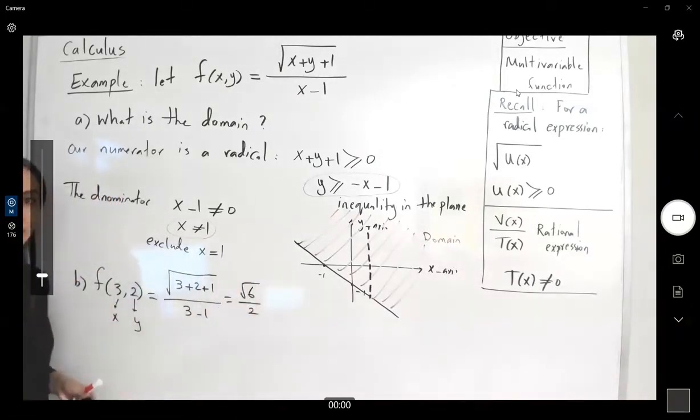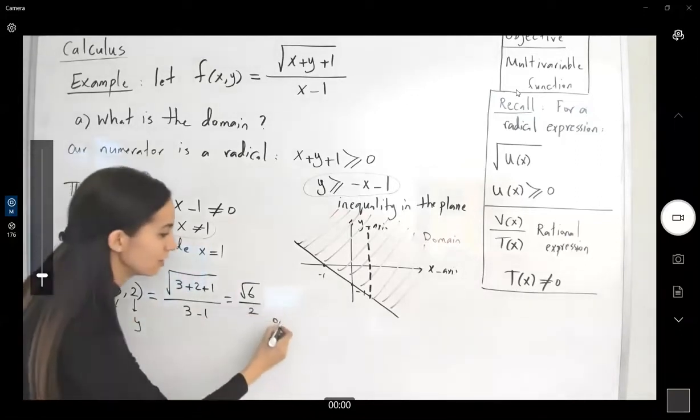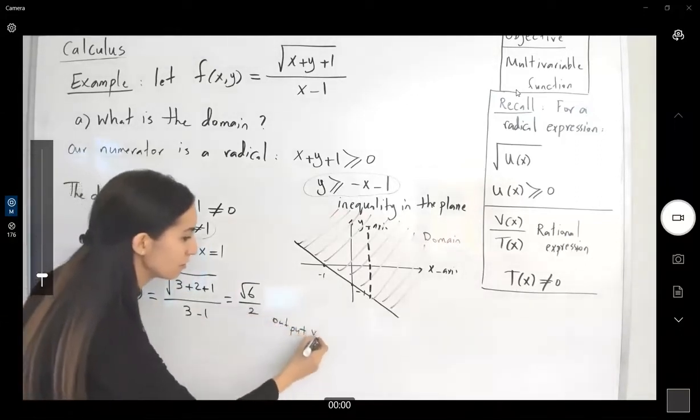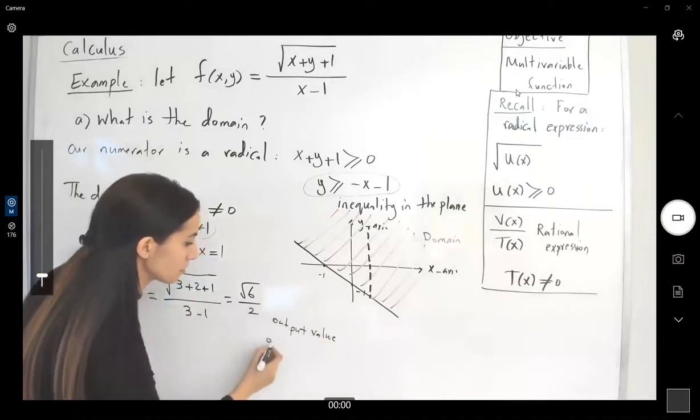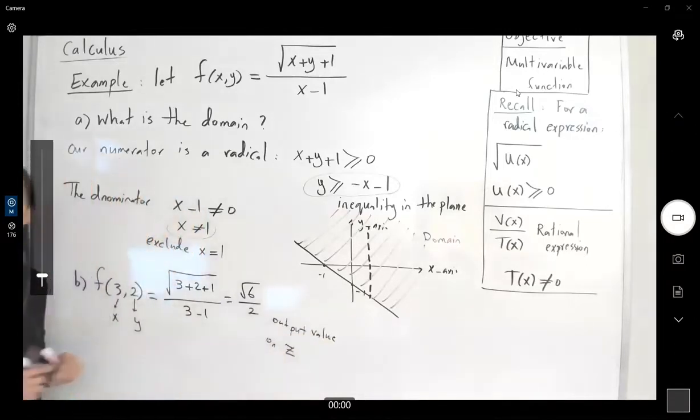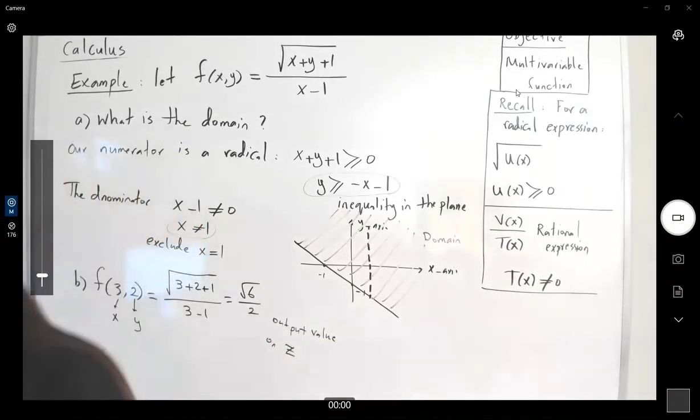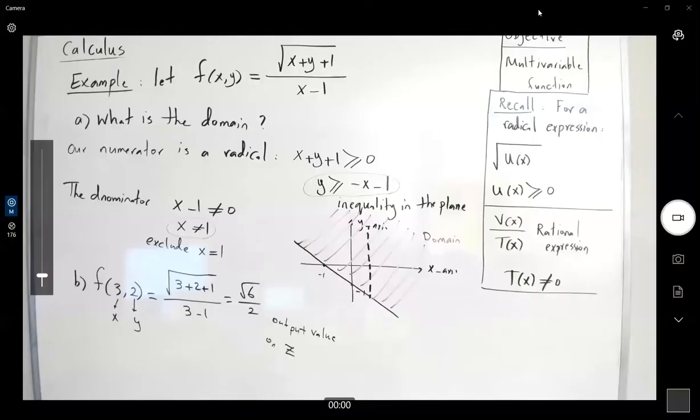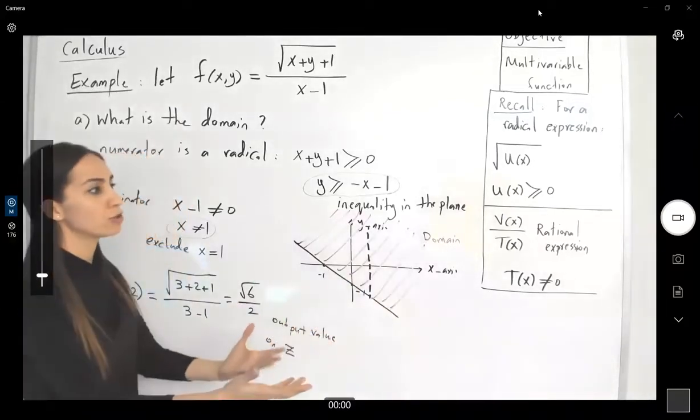This is actually your output value, or z. So this is how we visualize the domain.